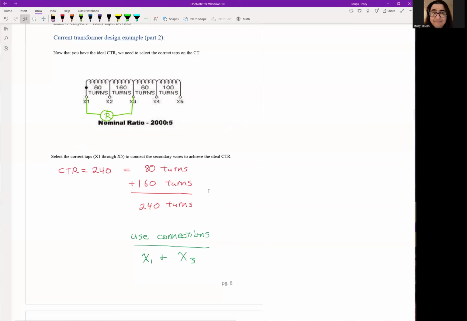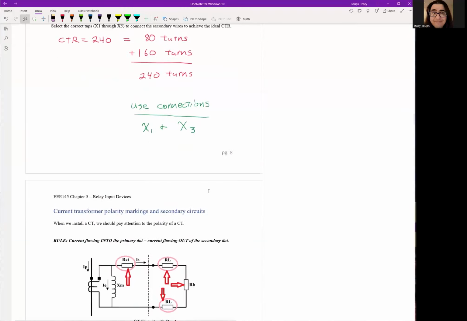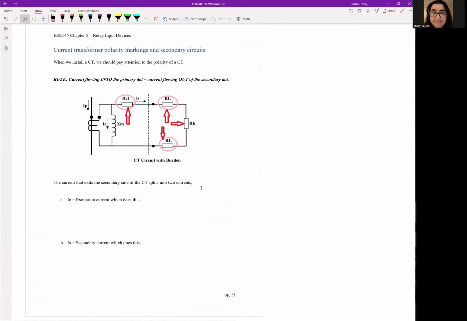Okay, so let's keep on going about CTs. So the main thing I wanted you to get out of this so far is CTs exist and they're on the system. They need a ratio, we need to design a ratio for them called a CT ratio. And then we need to use the taps on the CT to select the correct ratio.